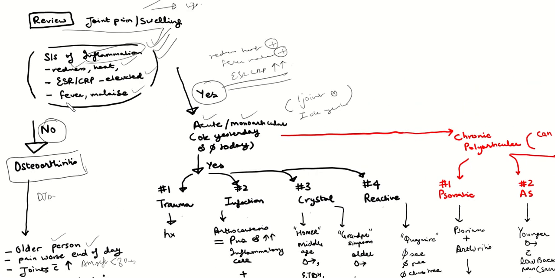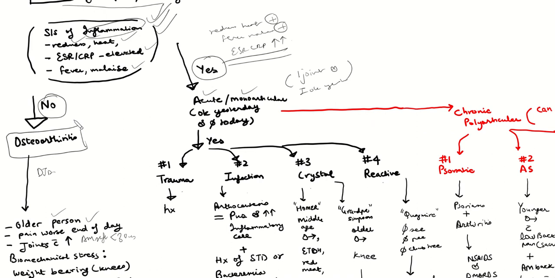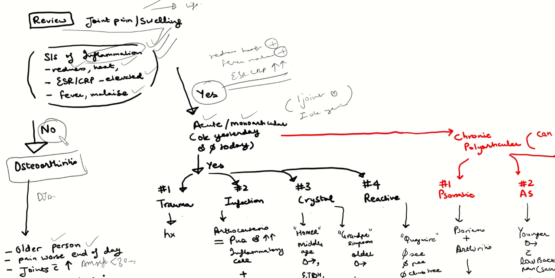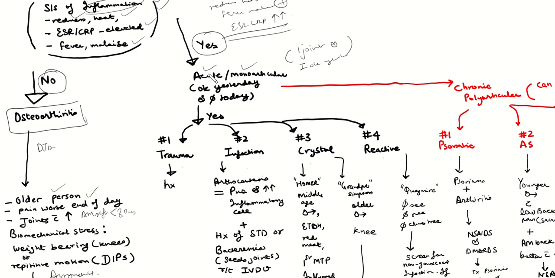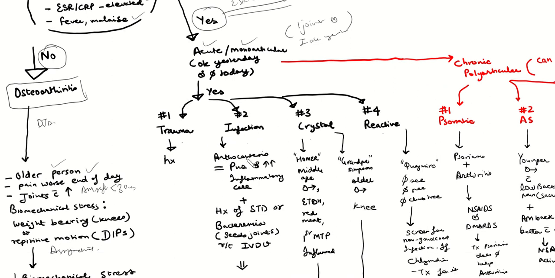non-inflammatory joint swelling and pain, which is osteoarthritis, or inflammatory joint pain and swelling, which could be acute and affects one joint, in which case I look for history of trauma, history of infection, with history of STD or bacteremia, and arthrocentesis that gives me pus.